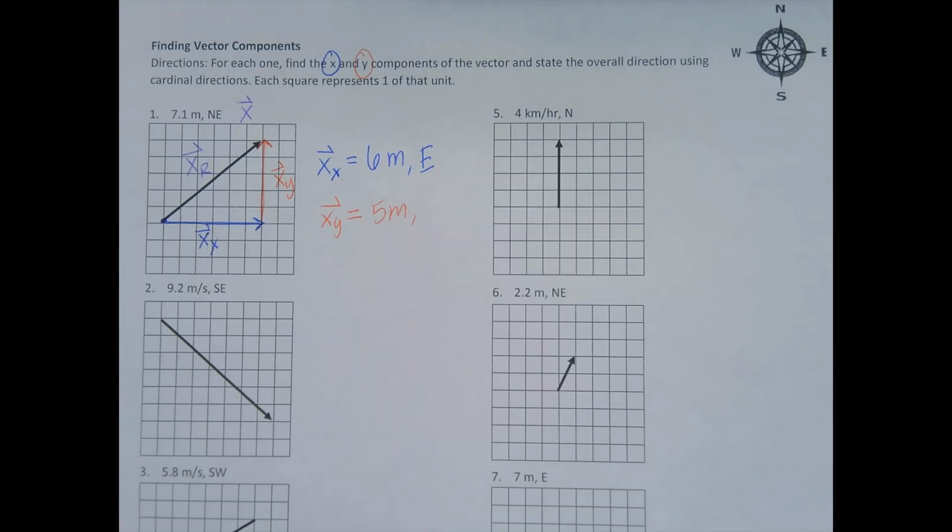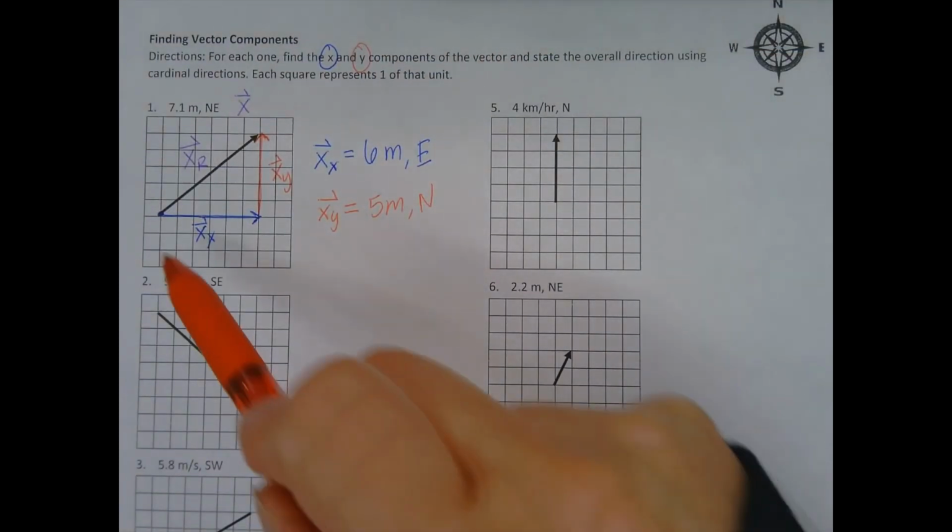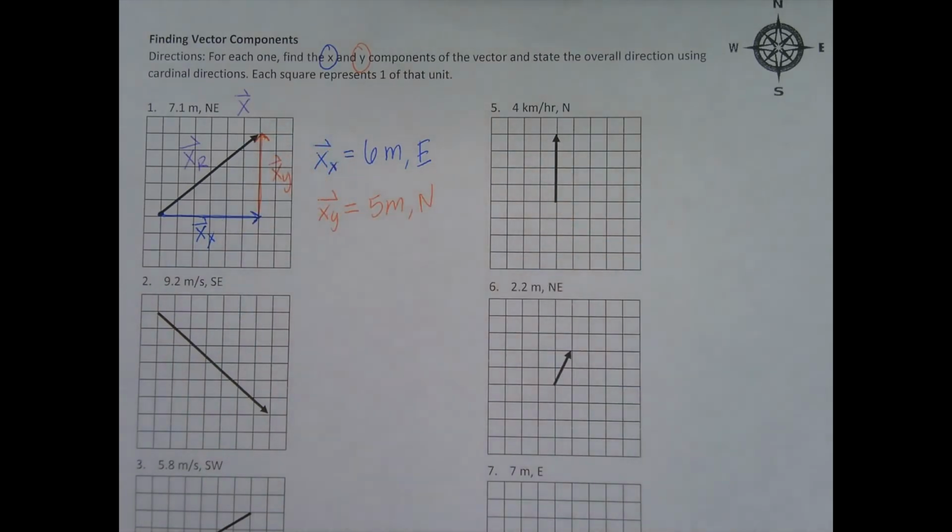That's my magnitude, so my number and my unit, and then I need my direction. What direction is it? North. There we go. So I have the resultant, and I broke it down into my components of that vector, and I identified what the magnitude is, which is the number and the unit, and then the direction.